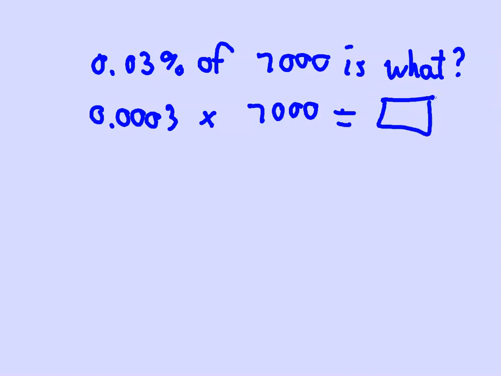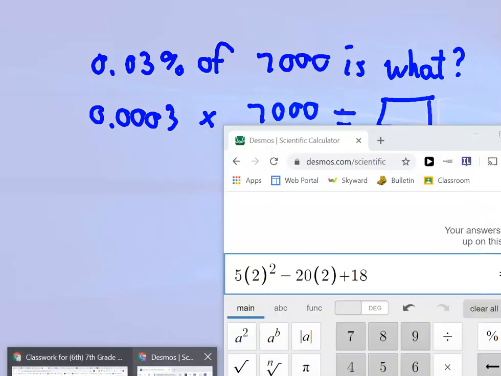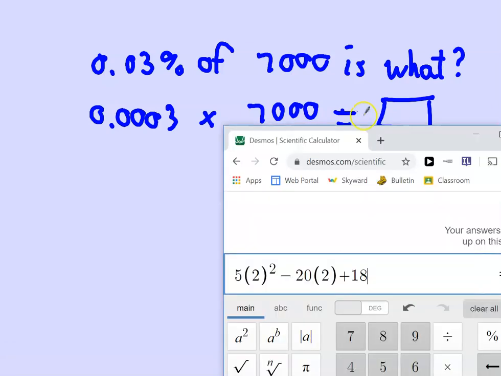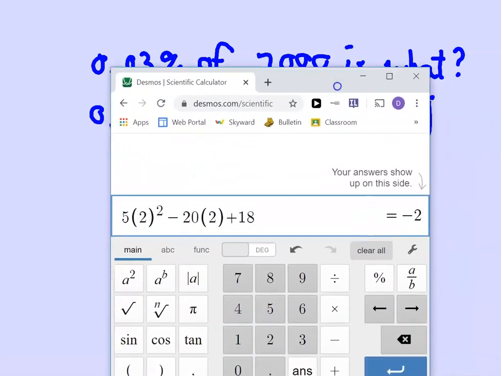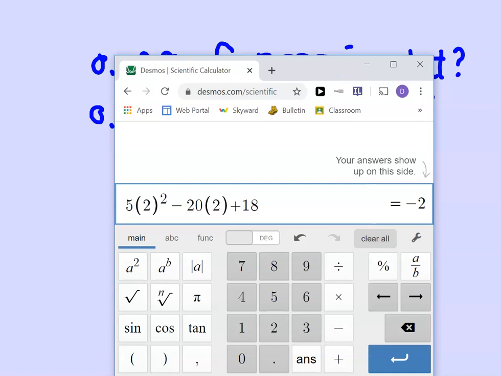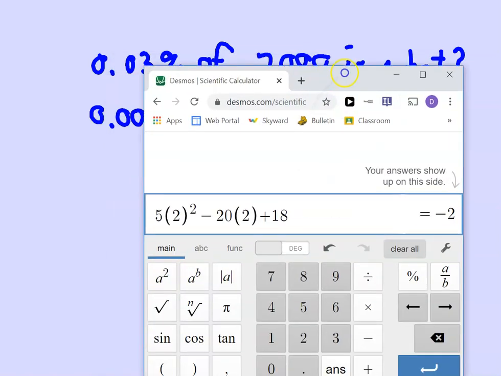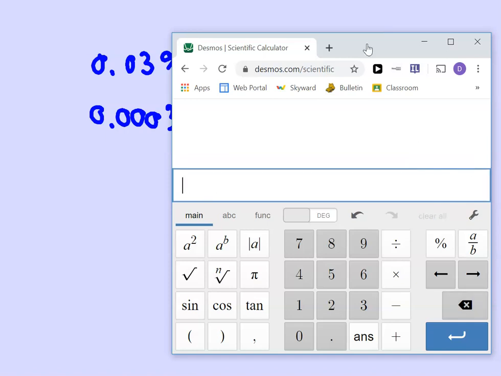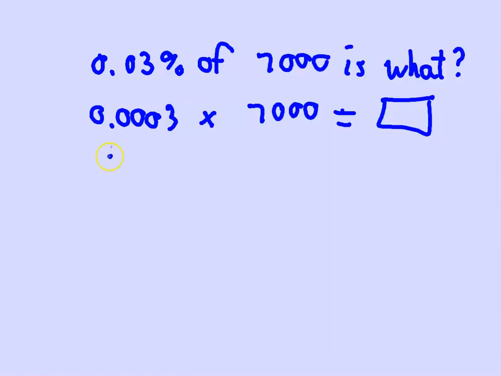Okay, so grab a calculator. I think I've got one right here. Okay, so we're doing 0.0003 times 7,000, and I get 2.1 as my answer.